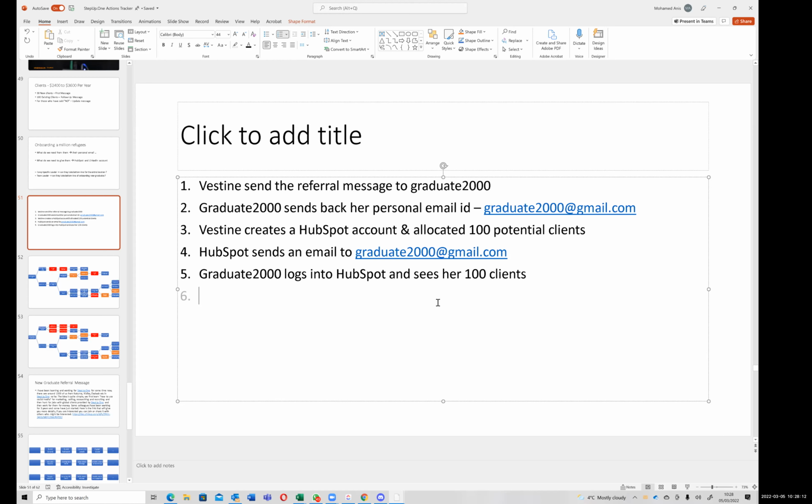The team leader can as well tell them many things about what it takes. Like now, somebody's HubSpot has been created, but they are not aware if the HubSpot or the email has been created. It is because there is no connection between the person who created it and the graduate.